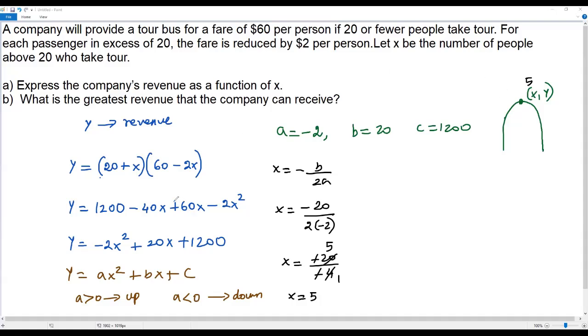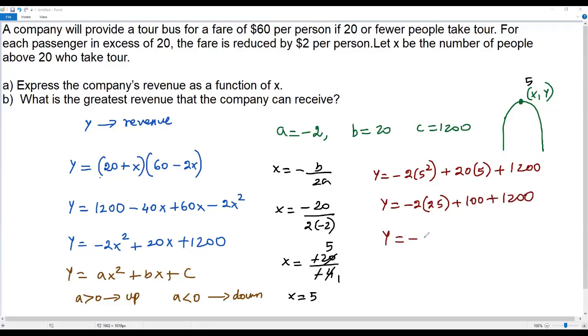Now to get the y coordinate at the vertex, I have to plug x equals 5 into the quadratic function. So I get y equals negative 2 times 5 squared, plus 20 times 5, plus 1200.